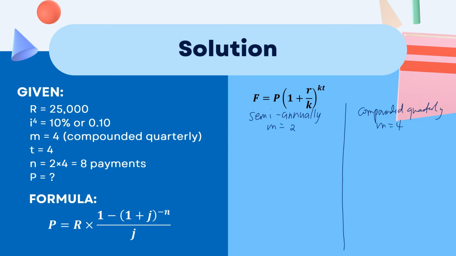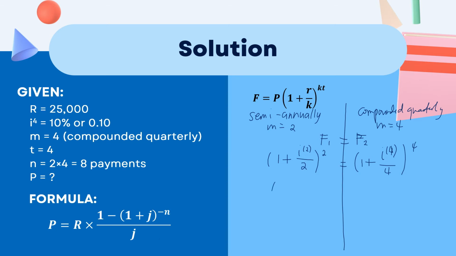Then, we have now 1 plus the interest over 2 raised to 2 equal to 1 plus interest rate compounded quarterly raised to 4. Yan po siya.